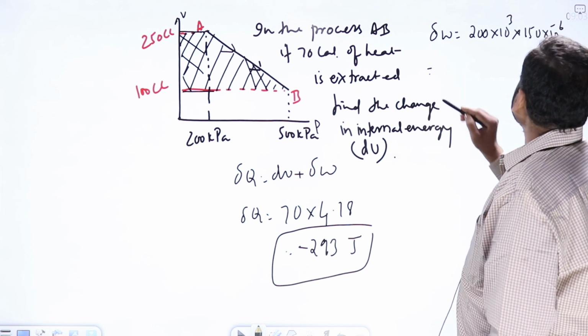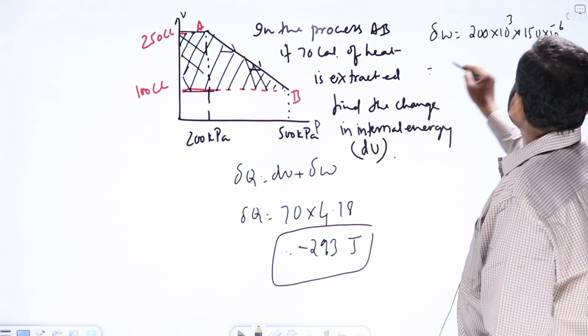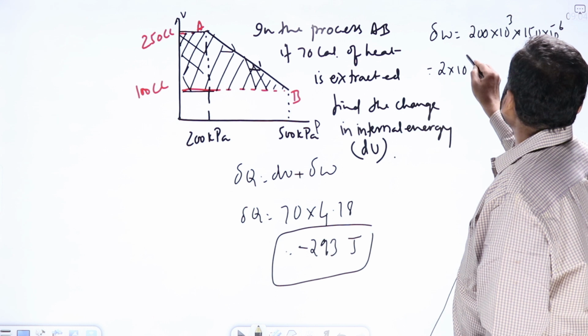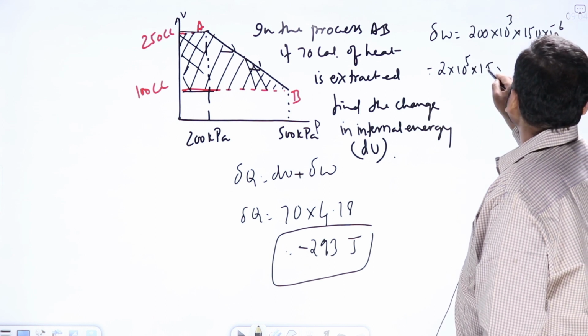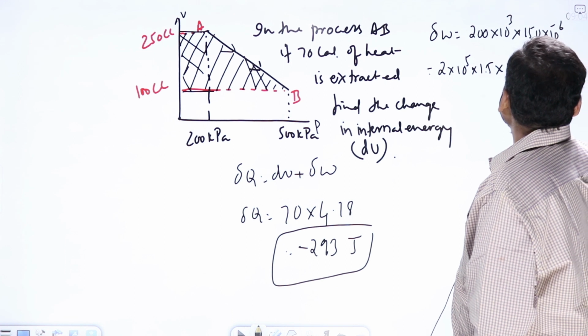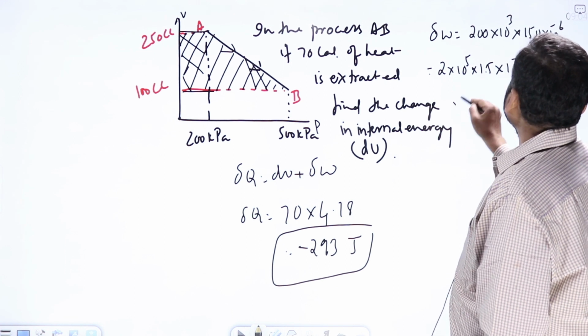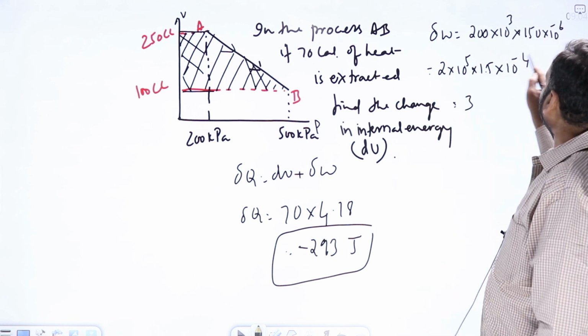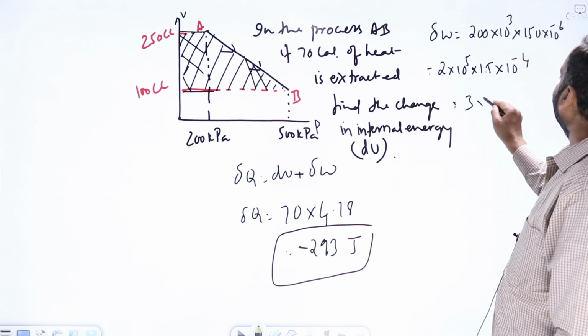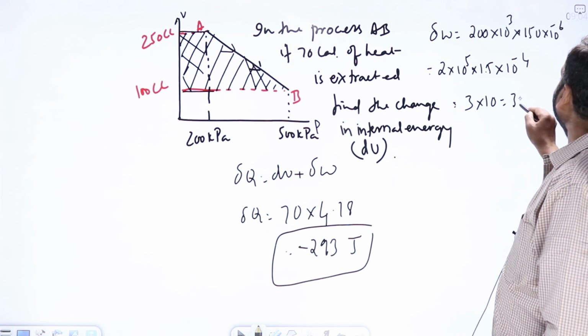If you simplify this, 200 into 10 to the power 3 is 2 into 10 to the power 5, and this one is 1.5 into 10 to the power minus 4. 2 into 1.5 is 3 into 10 to the power 5 into 10 to the power minus 4, which is 3 into 10, 30 joules.